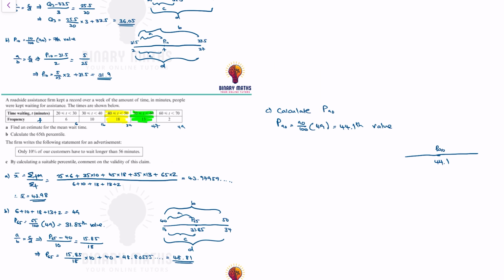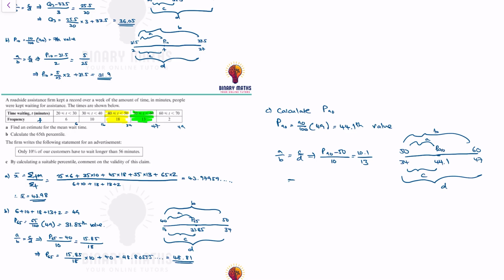So that's going to be between 50 and 60, with the frequency going from 34 to 47. So A over B must be equal to C over D, which implies P90 take away 50 over 60 take away 50, which is 10, must be equal to 44.1 take away 34, which is 10.1, over 47 take away 34, which is 13.